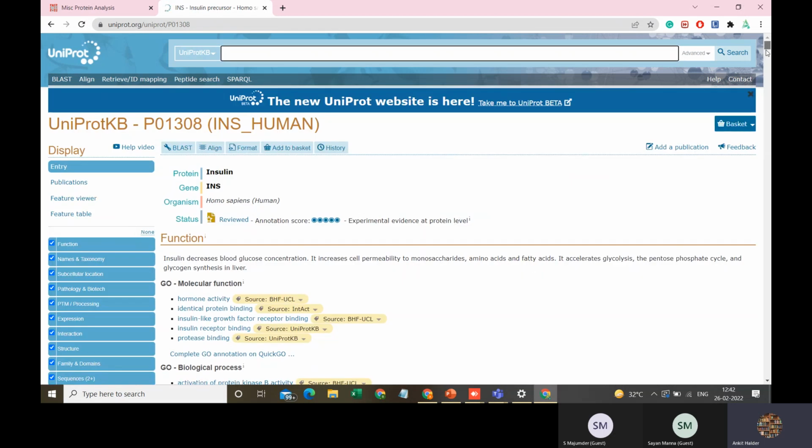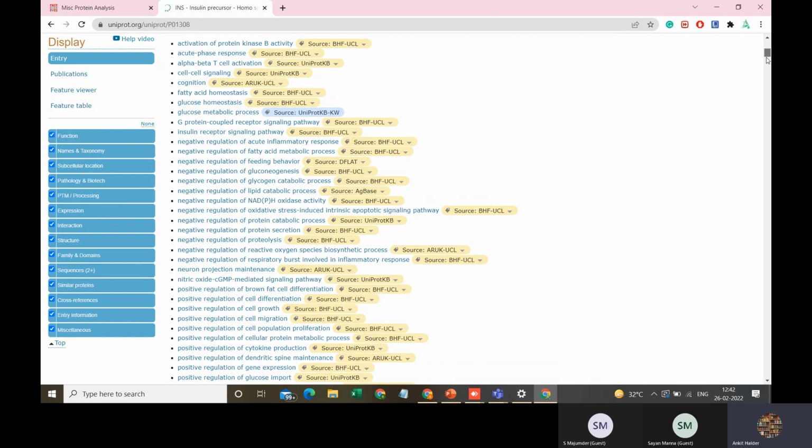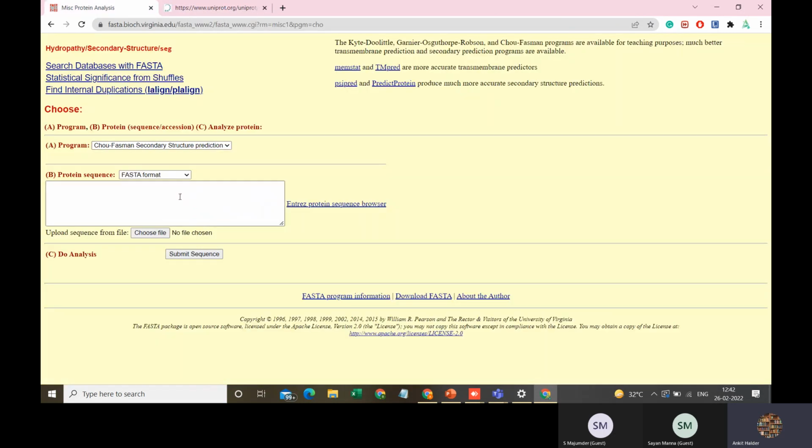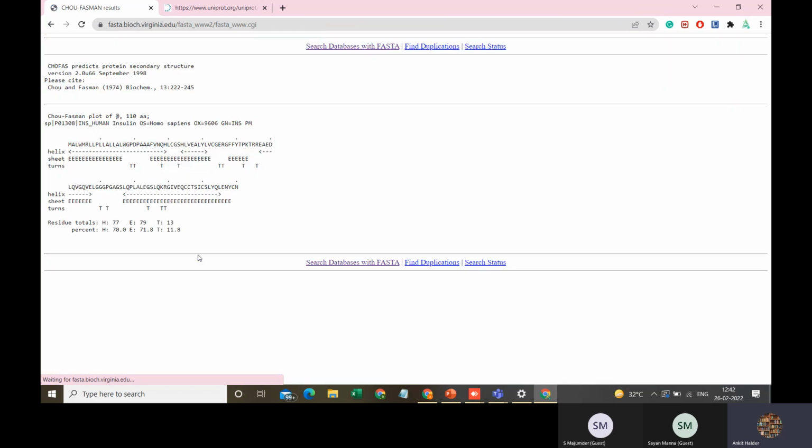One method is Chou-Fasman, another is the Garnier method. Here we will place the sequence in FASTA format and submit the sequence.